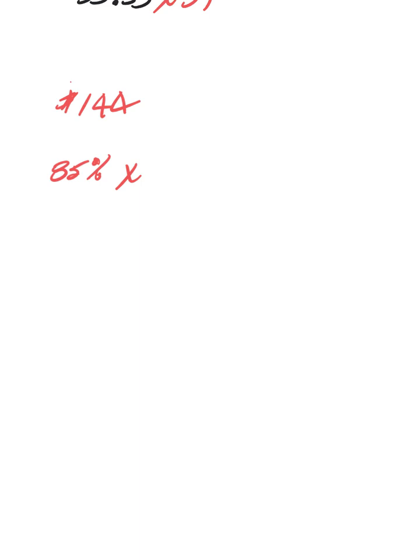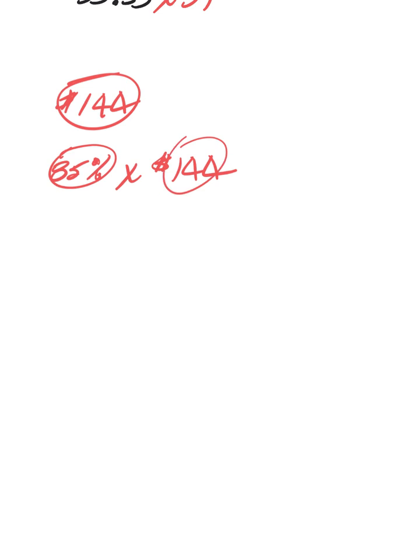What was the original price? Right there. So all we're doing is multiplying those. How much does the watch cost now? 85% times 144. So remember, we can't multiply times a percent. We have to put that into decimal form, then multiply it. Okay, so that's what we're looking at.